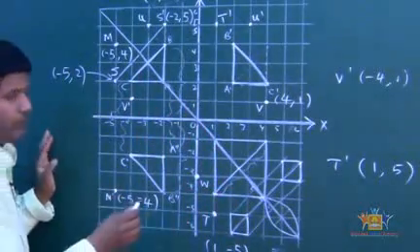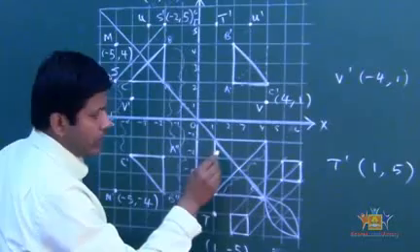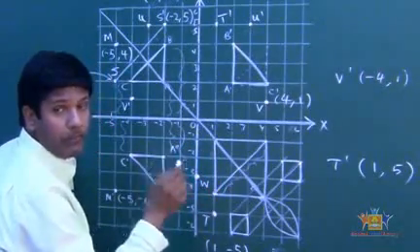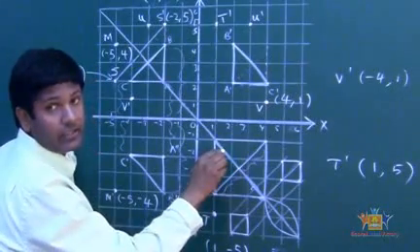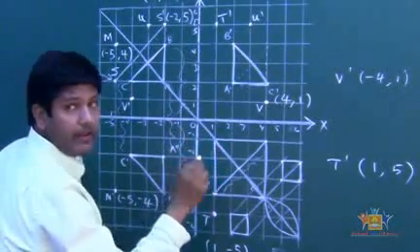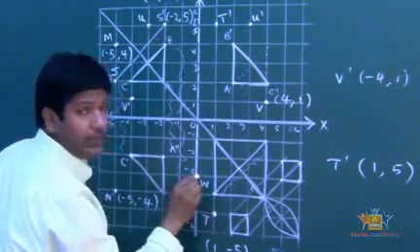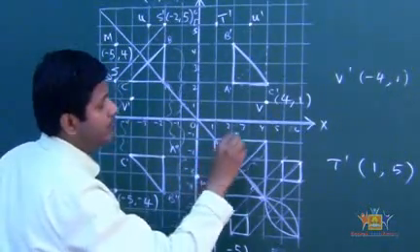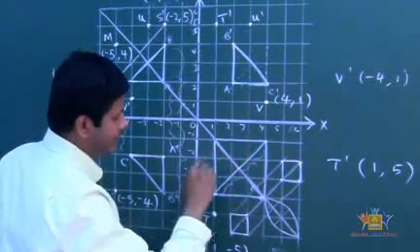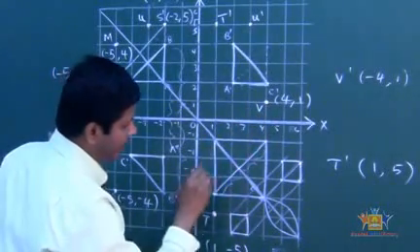Now, keep in mind, you have to draw a perpendicular line from this point to the axis of reflection, and the distance from the point to the axis of reflection has to be equal on the other side of the perpendicular. So how do I know?